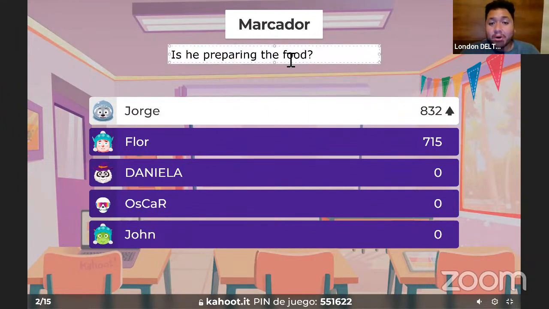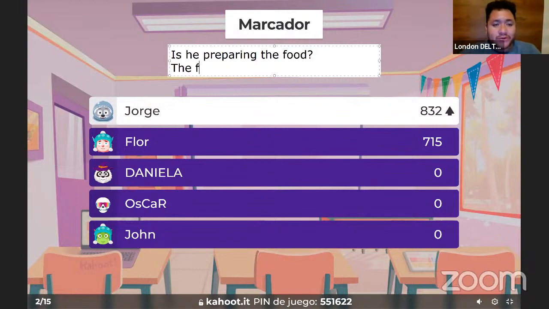Él es el sujeto. Object. The food. Okay, so I first write the food is the food. En vez de decir, él está preparando la comida, está siendo preparada, right? Is the food. Verb to be.